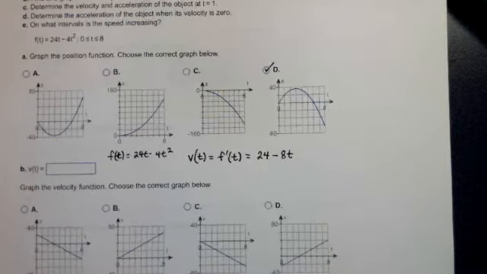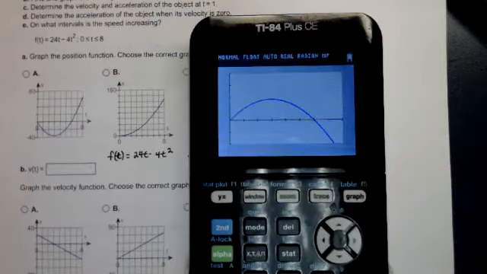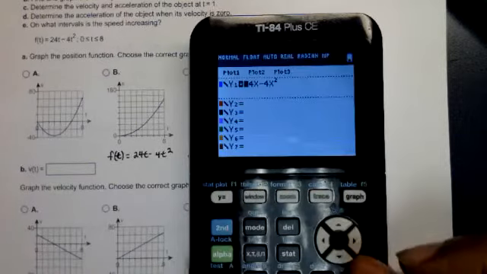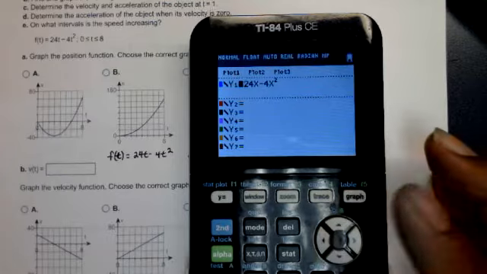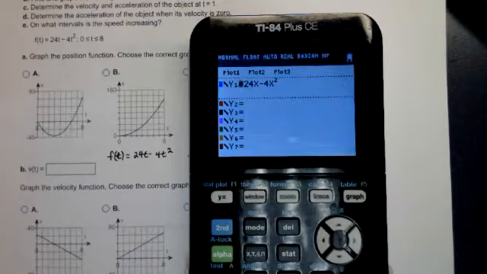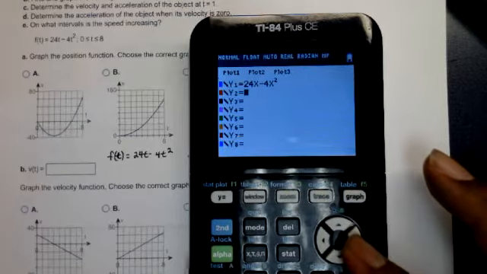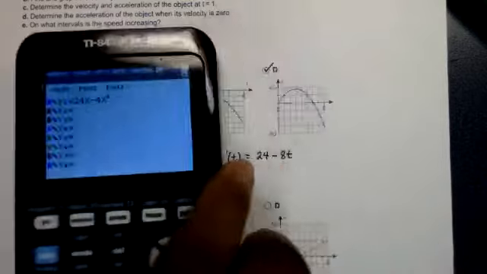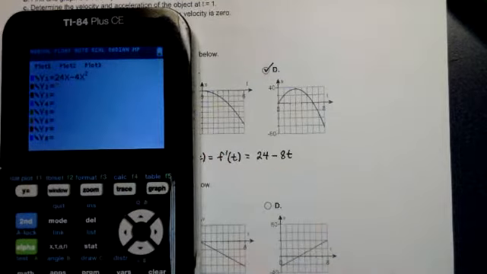And now we're going to graph this on the calculator, because it's going to be a straight line. Let's go to y equals. Now I'm going to exclude that equation in y1, so I'm going to use my left arrow key to put it over the equal sign and press enter. All right, so that graph will not be included. Now in y2, I'm going to type in this function right here, 24 minus 8t.